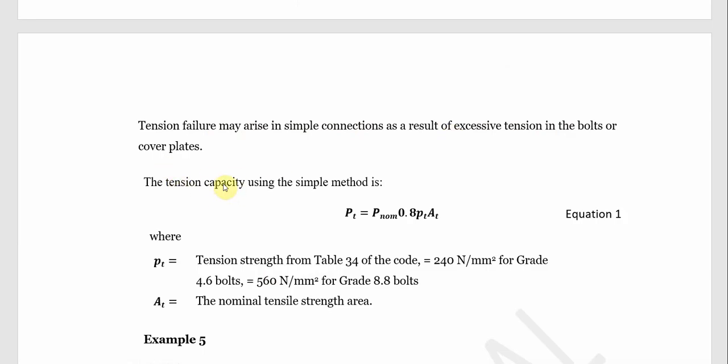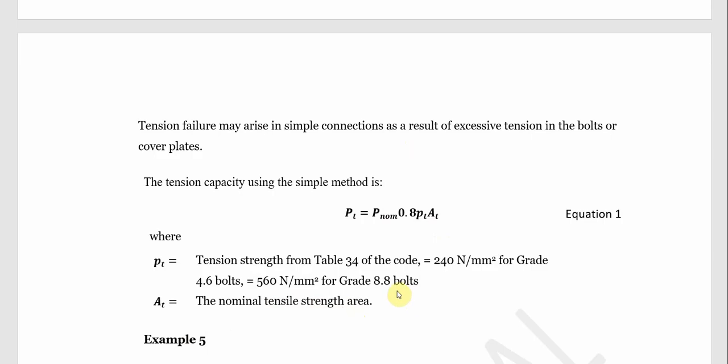The tension capacity using the simple method is this tension capacity formula, where P_t stands for the tension strength, as we said the other time, and A_t is the nominal tensile strength area. The tensile strength area is this.